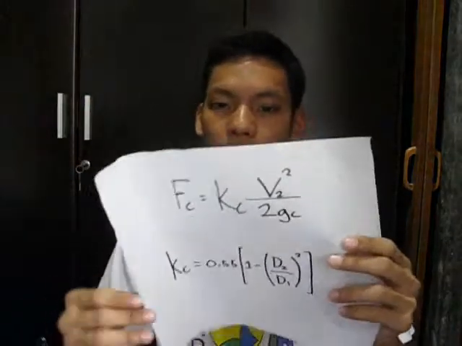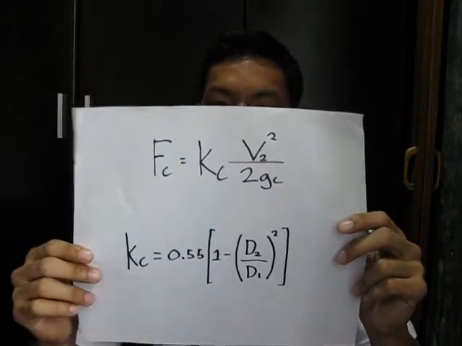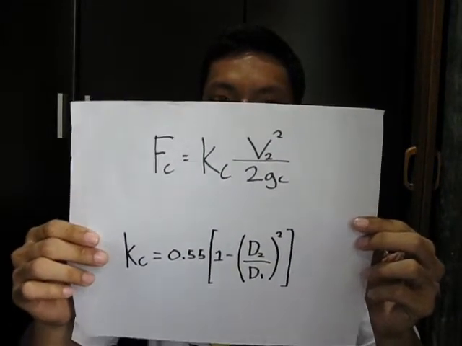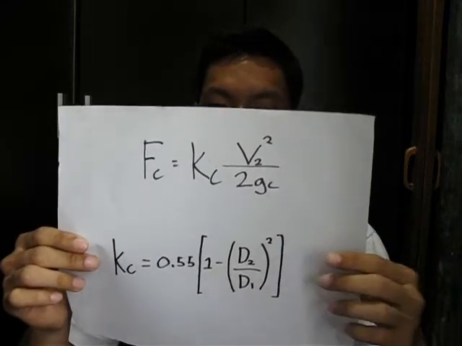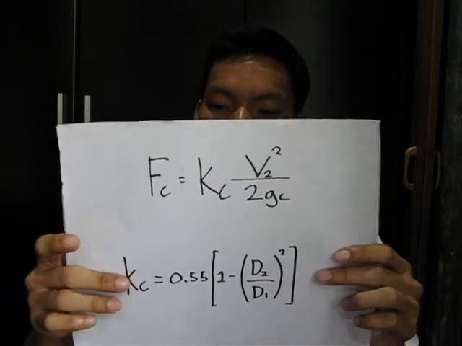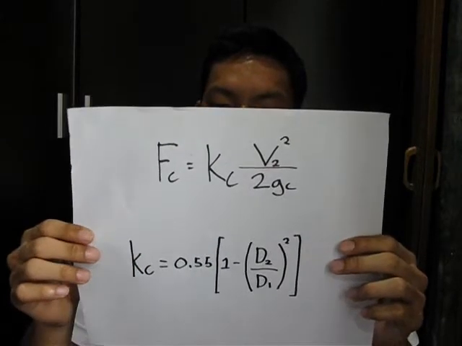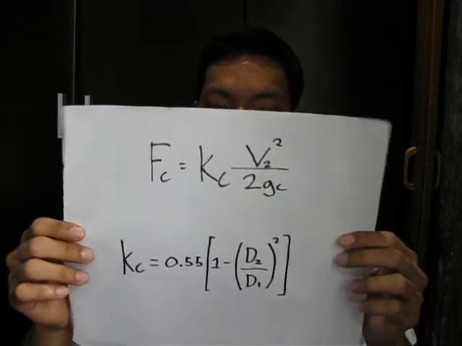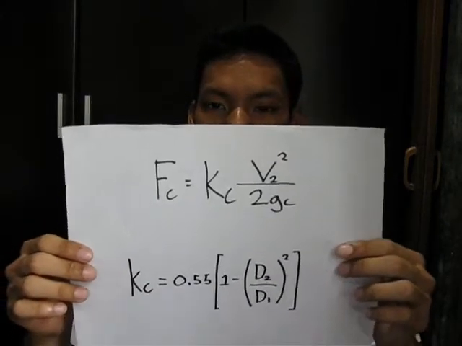To get it, you need the formula F sub C equals K sub C times v2 squared over 2 gc. Point 2 here is the smaller pipe. So to get K sub C, it is 0.55 times 1 minus D2 over D1 squared. So D2 is the smaller diameter.